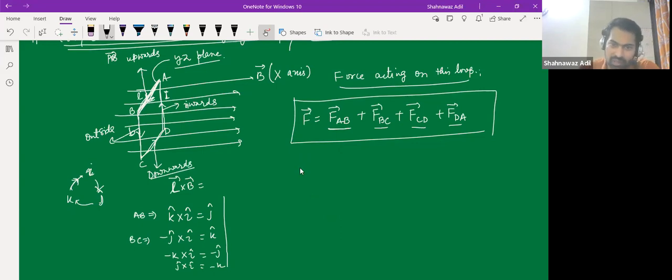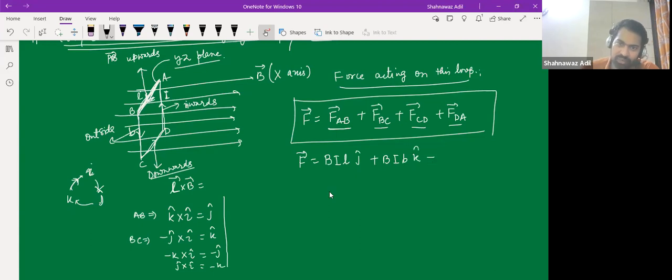Now let us write all the values. For AB, the magnetic field magnitude is B, current is I, length is L, and direction is J hat. Clear, guys? For BC, the magnetic field is the same, current is the same, but the length is B, and direction is K hat.